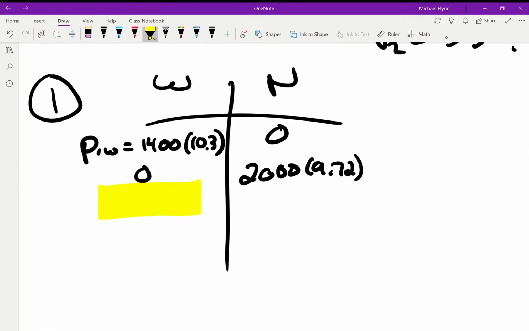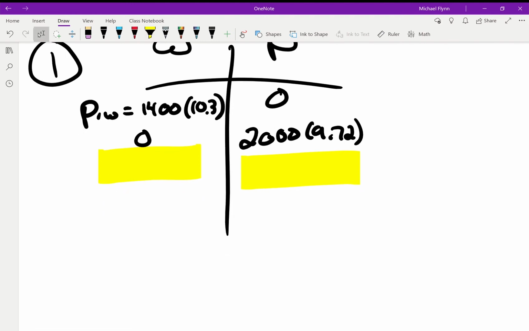Now, after the collision, they stick together, and because they stick together, they're going to move as one mass. There's a couple of ways you could do it, but what I would do is combine them as one mass.